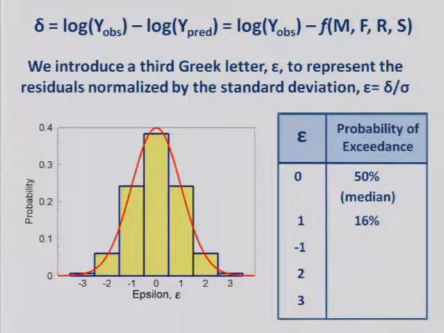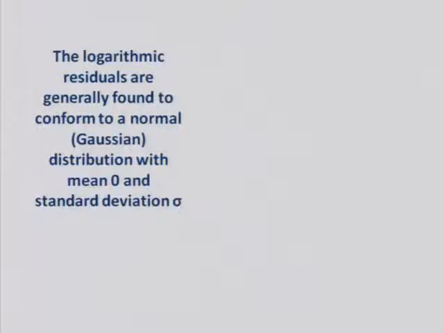Plus 1 epsilon, plus 1 sigma, is 16% probability, or 84% if we go below 1 sigma. And the probability of exceeding the values decreases very rapidly as we add more epsilons, but the corresponding ground motion values also increase very rapidly because of the size of sigma, as we'll see shortly.